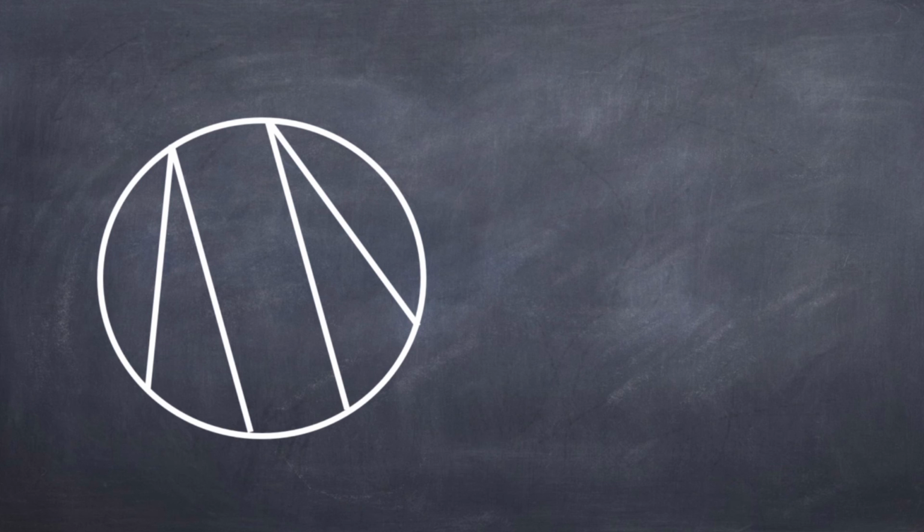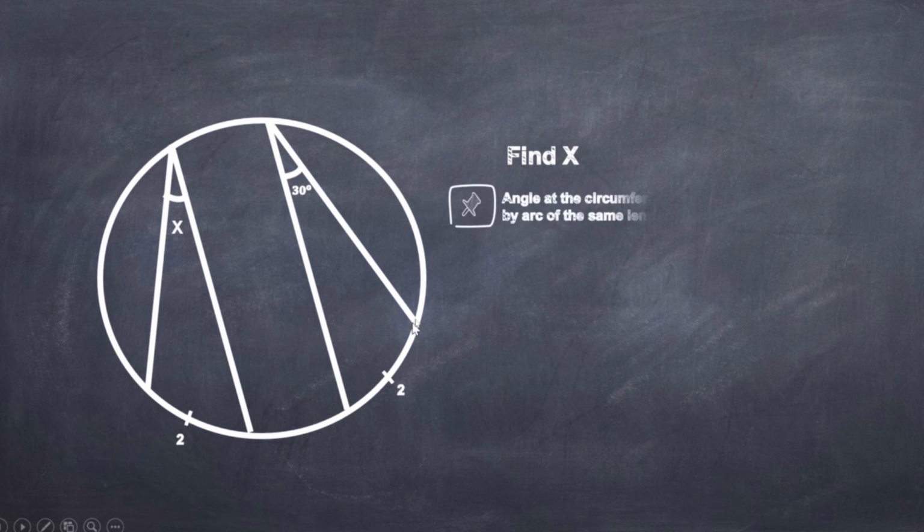Let's go for the example. As you can see, the angle is 30 degrees and both arcs are the same length. So the angles at the circumference subtended by the same length of arc are equal.